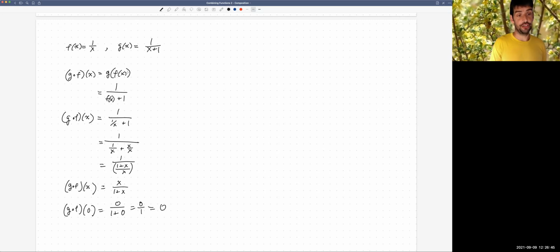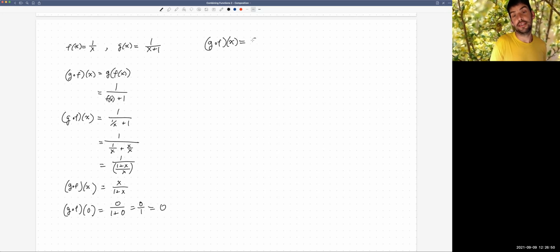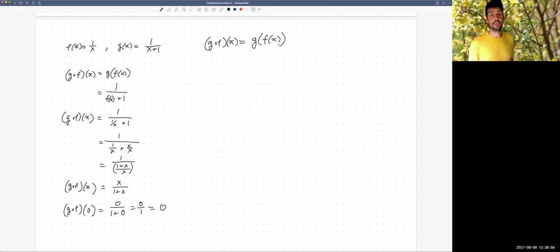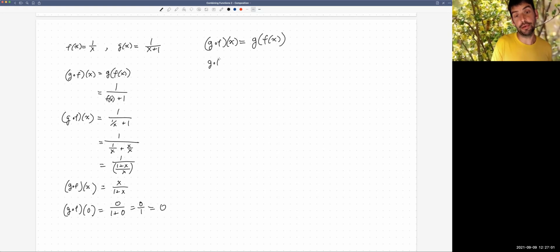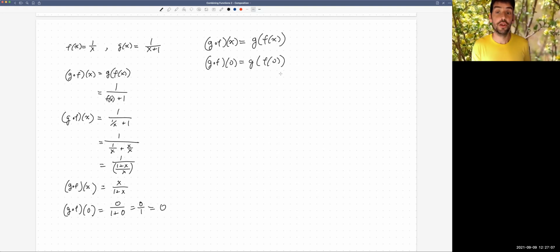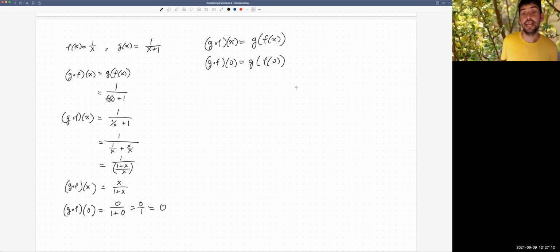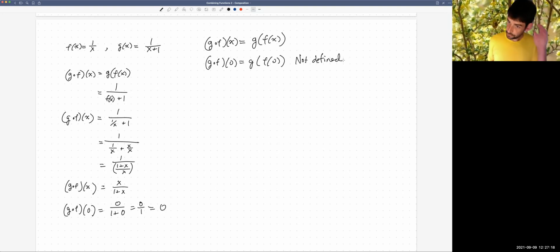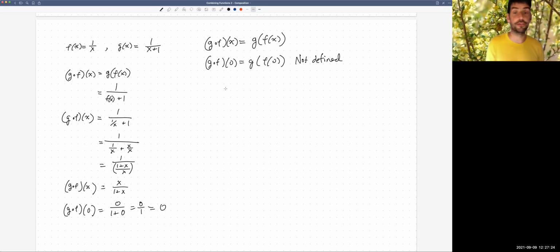The definition of g composed with f of x is take a number, give it to f, let f do its thing, and then give the new number, the result of f, to g. Well, when we do g composed with f of 0, we get g of f of 0. However, look at f. F of 0 is not defined. And so there is no g of f of 0. There's no g composed with f of 0, right?